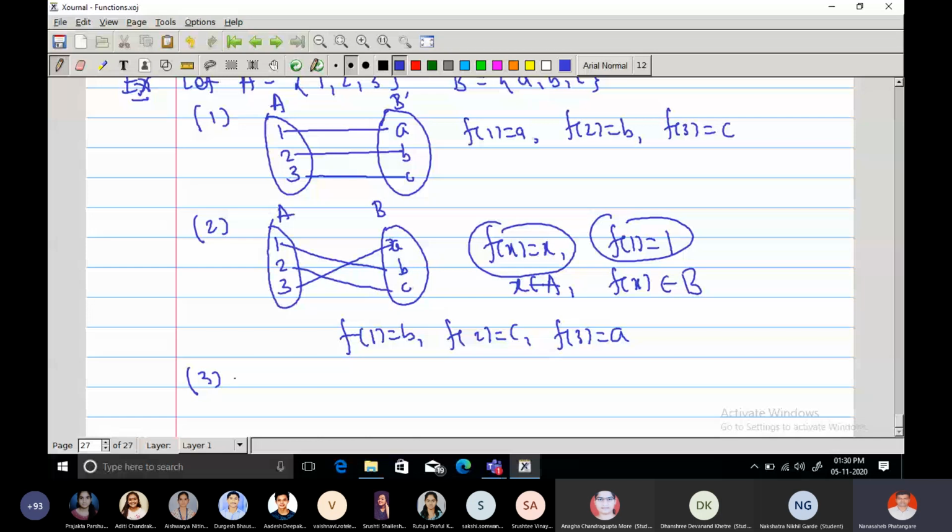And this function, let us call this G because this is a different function.